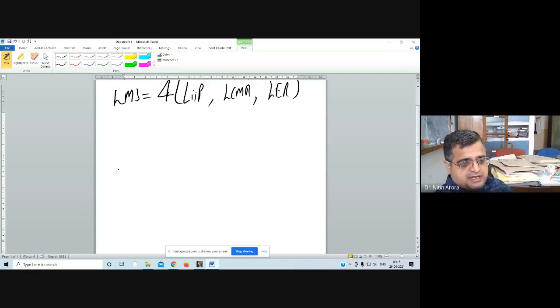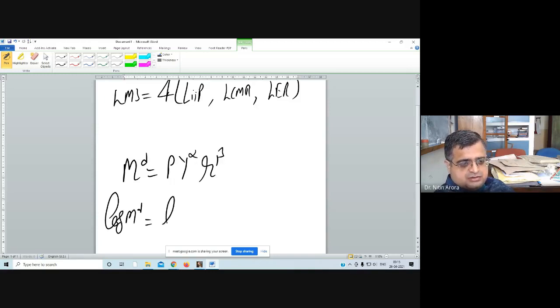where MD is, we generally write it as P y raised to power alpha and R raised to power beta. Taking log of both sides of this type of function, we say log MD is equal to log P plus alpha log Y plus beta log R. This function I am going to estimate.